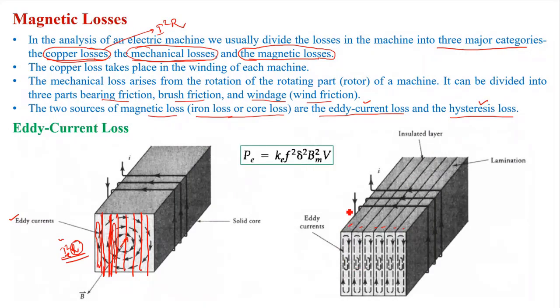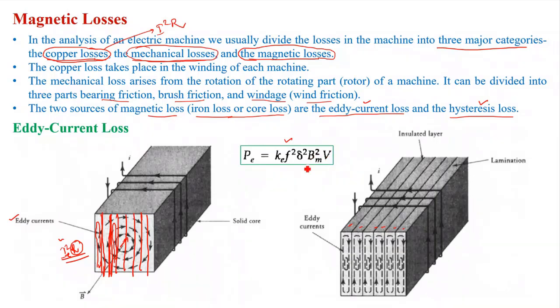Okay, so now if we find the eddy current loss in equation form, this equation is experimentally determined. It is found that the eddy current loss is directly proportional to the square of the frequency and the square of the flux density.